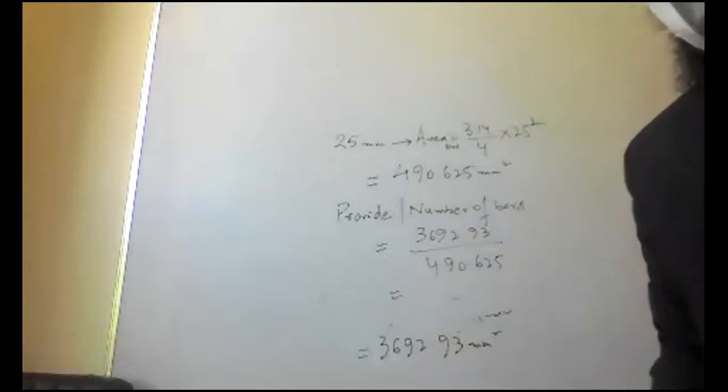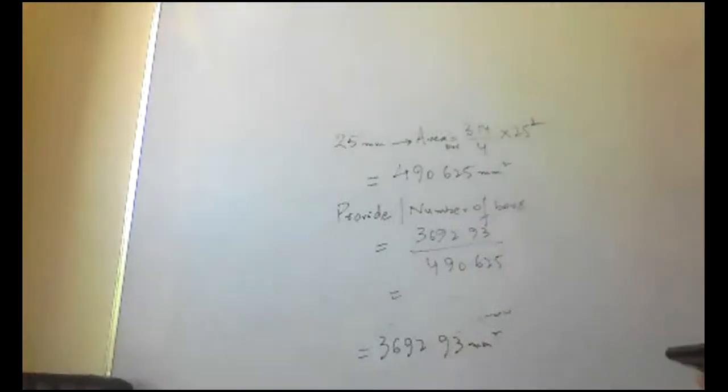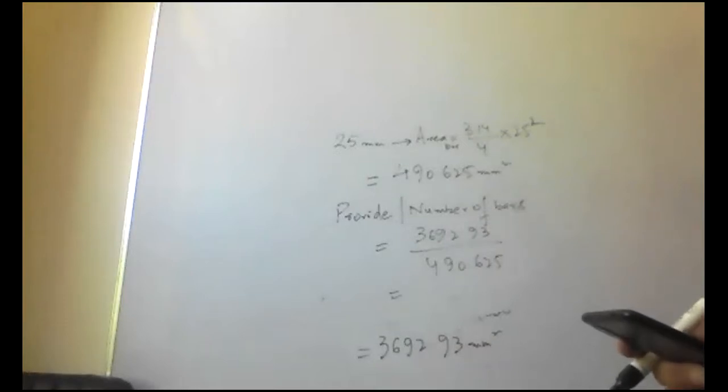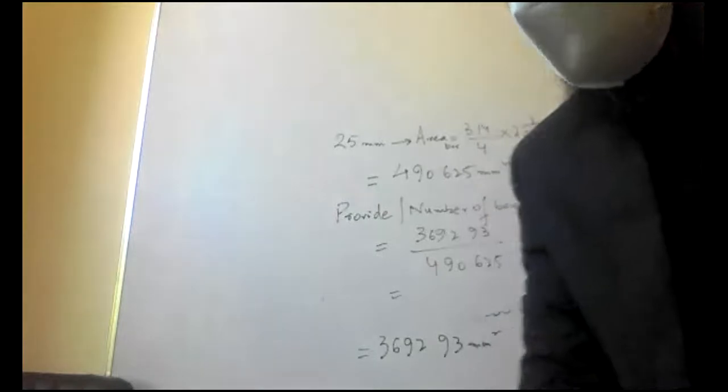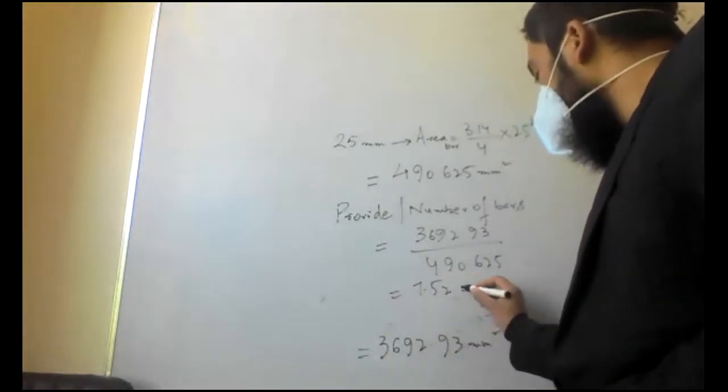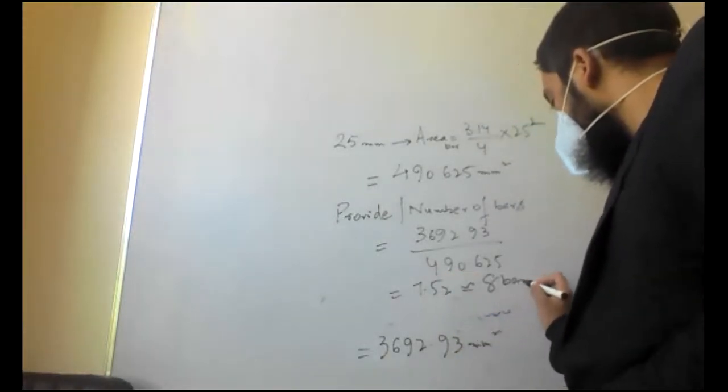How much is coming? Eight bars. 7.5. So that's around 8 bars.